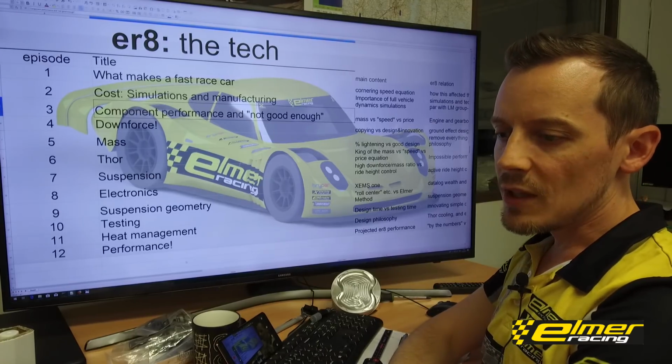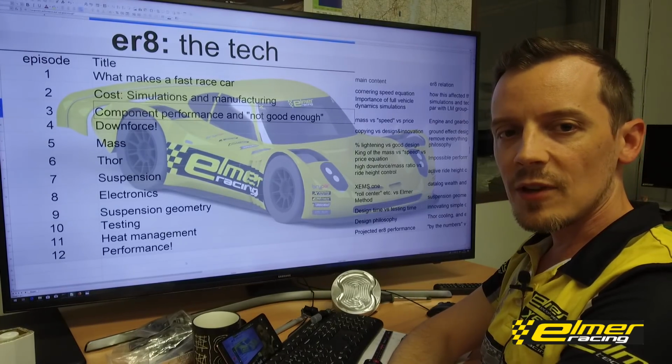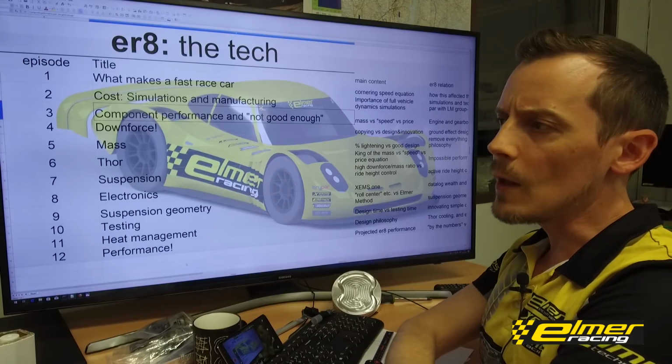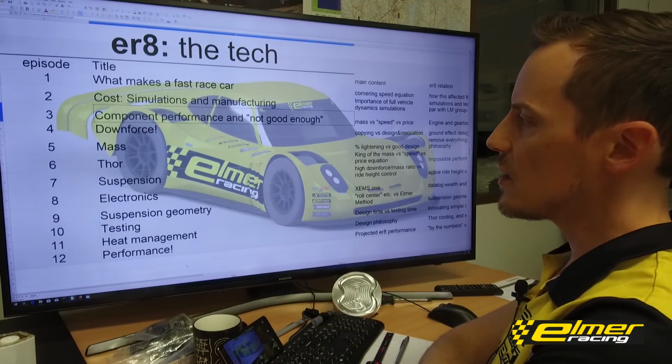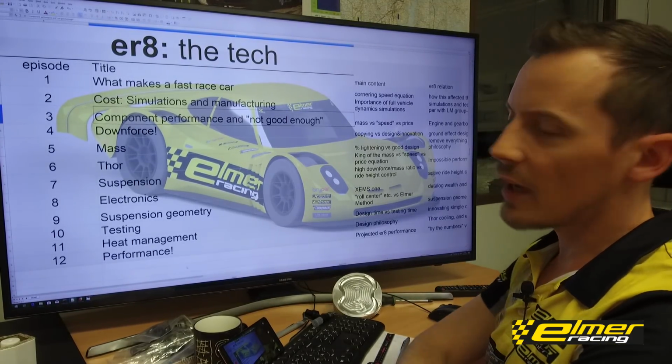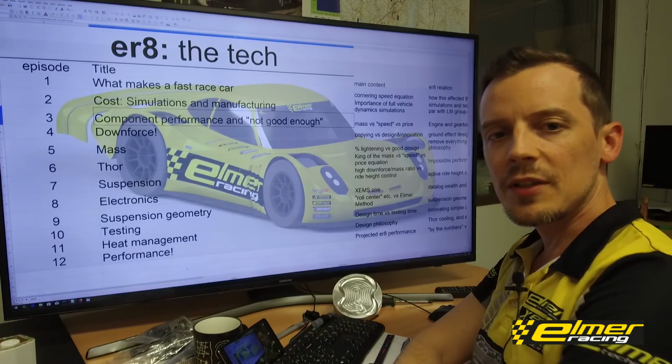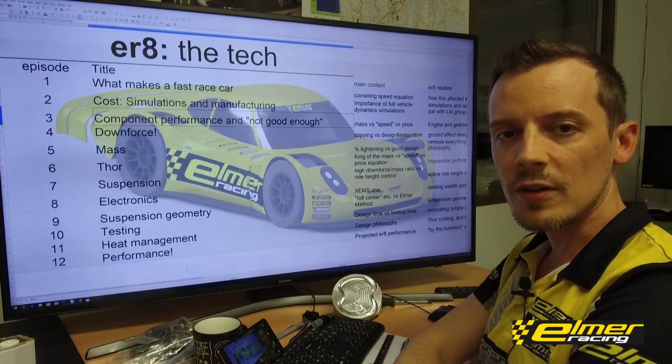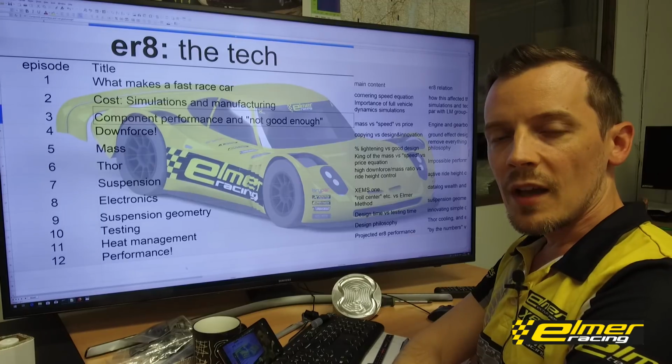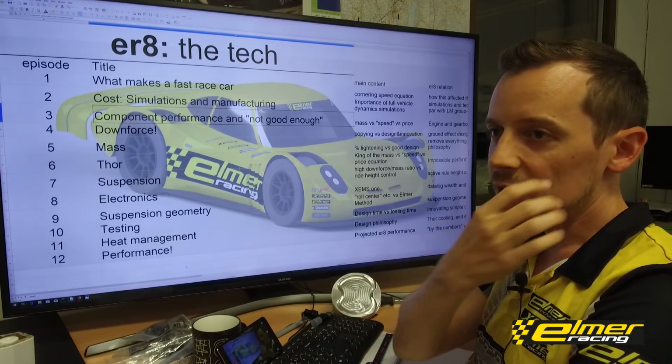This is an extremely complex and difficult topic, but I think the easiest way to look at this would probably be to go through some examples from our er8 car and not try to do this analytically.